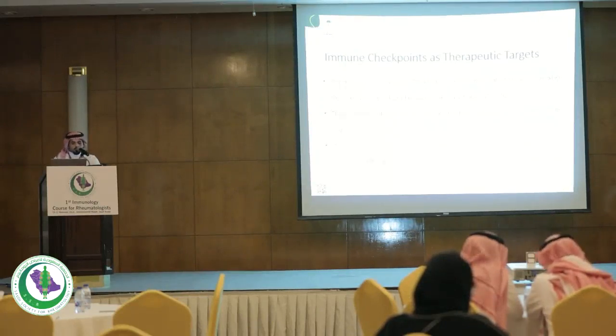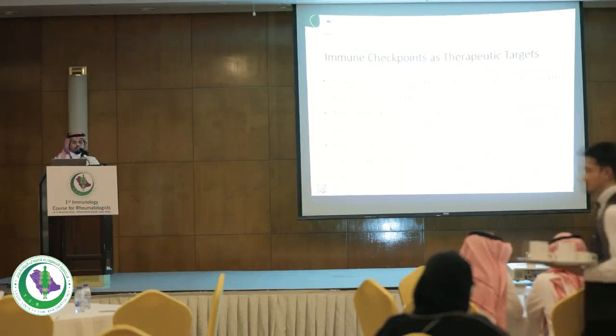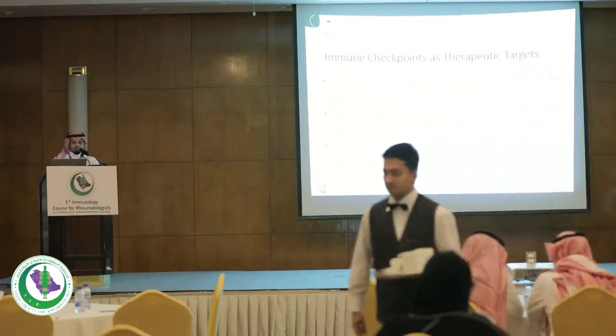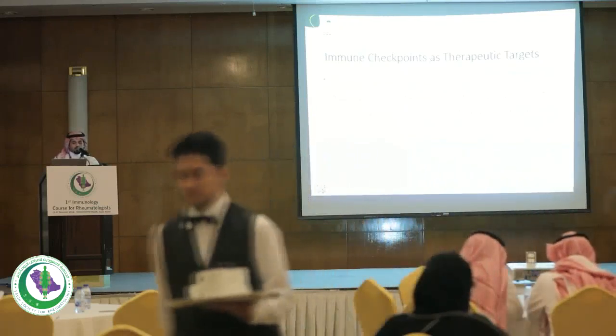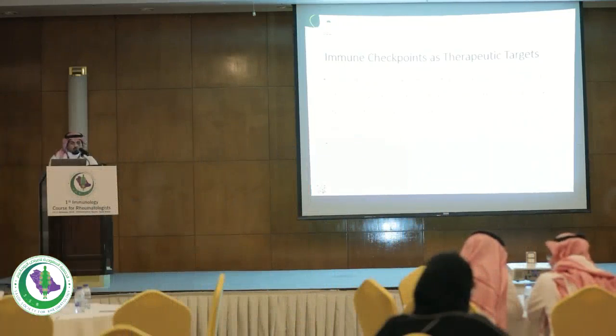It also raises the possibility that inducing signals through these receptors could switch off these immune responses and drive the immune system back towards a state of tolerance after control has been lost in autoimmunity. These are other studies showing the same.